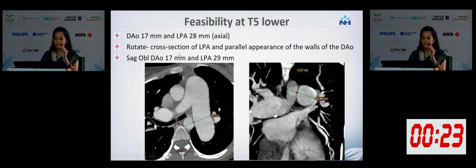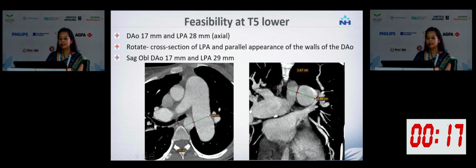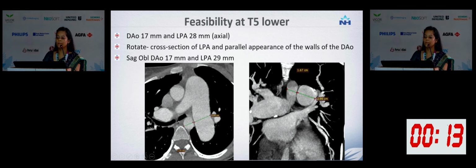After that, this was all in axial planes. Now you need to go and play in sagittal obliques and get this view. Here, what have I done? Instead of the aorta being round, we've made the LPA round so that the aorta is parallel. So this is sagittal oblique, LPA round, aorta with a parallel appearance.